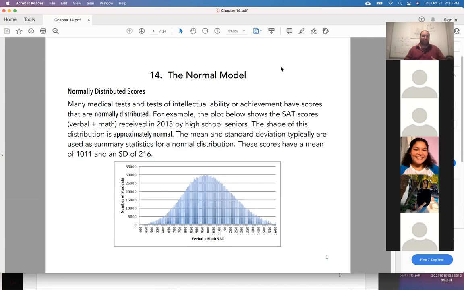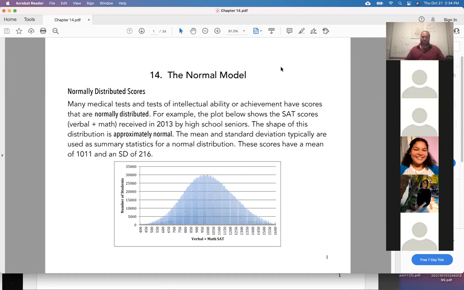A lot of things that occur in nature are modeled by curves like this. IQ, intelligence quotient, is modeled by a normal curve. Scores on tests are usually normal. Weight is normal-ish.